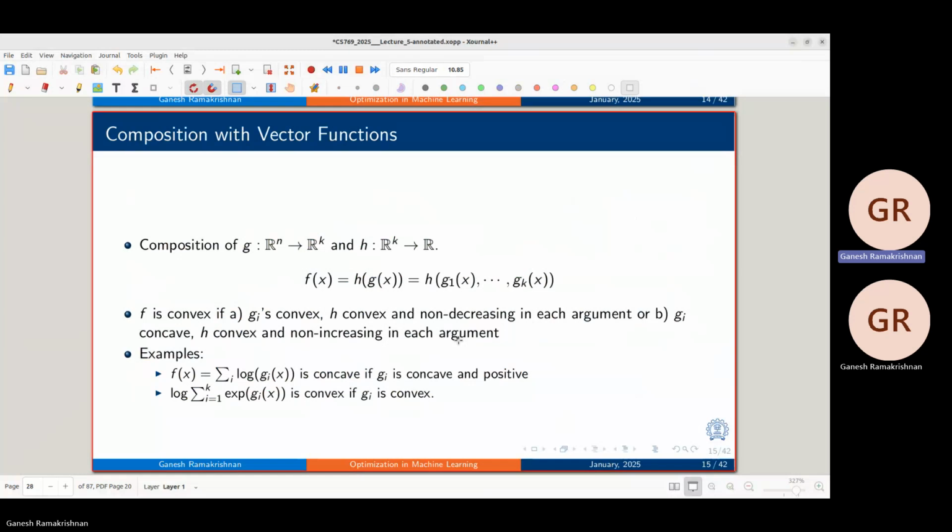Or if the g_i are all concave, and h is convex and non-increasing, again in each argument.